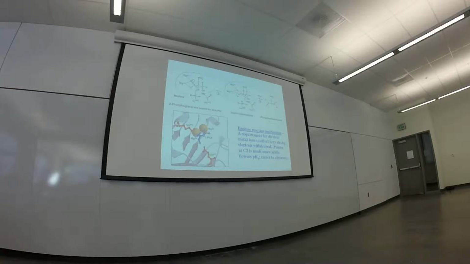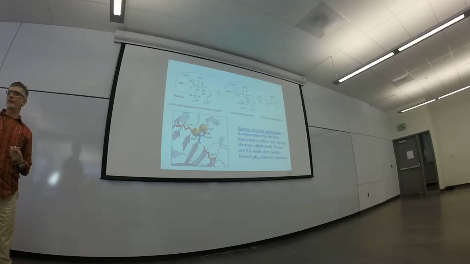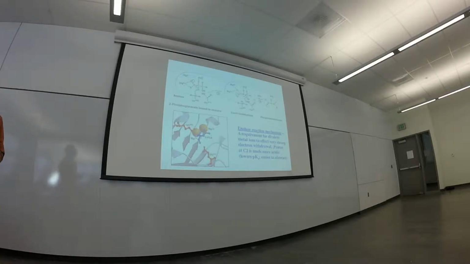The way this enzyme works is by virtue of a direct role of a metal ion in the active site. Okay, so we can call this a Lewis acid if you like, although the terminology is sometimes ambiguous there, so it doesn't matter. What we have going on here is the breakage of a carbon-hydrogen bond by removal of this hydrogen by the lysine.